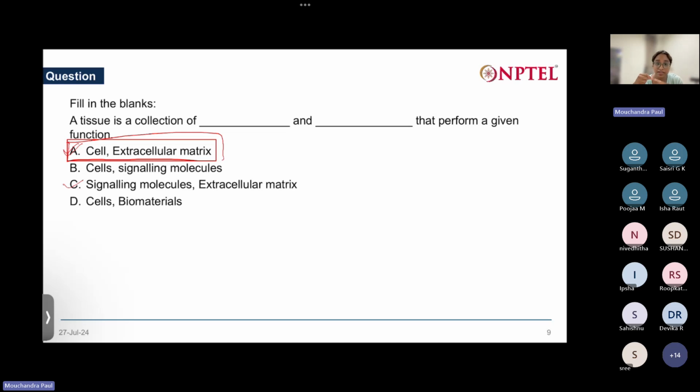And cells secrete ECM molecules, by the way, and create their own matrix, and in turn this ECM regulates cellular function. So it's a very dynamic environment in a tissue, and that is why it's very complex for us to mimic in vitro.